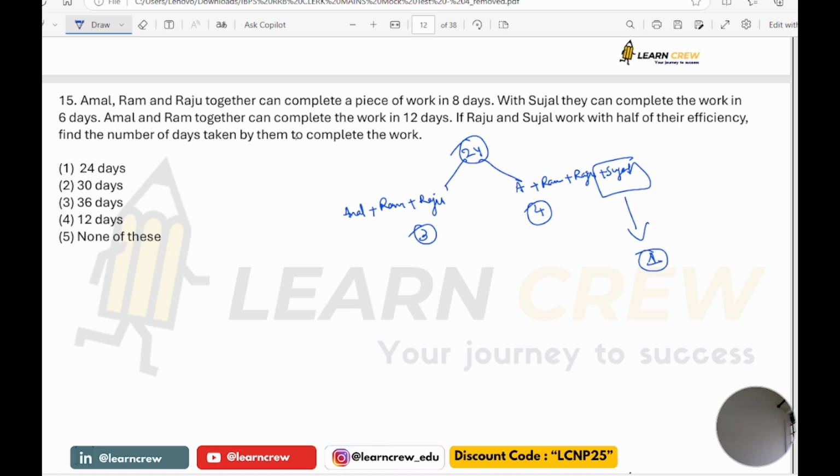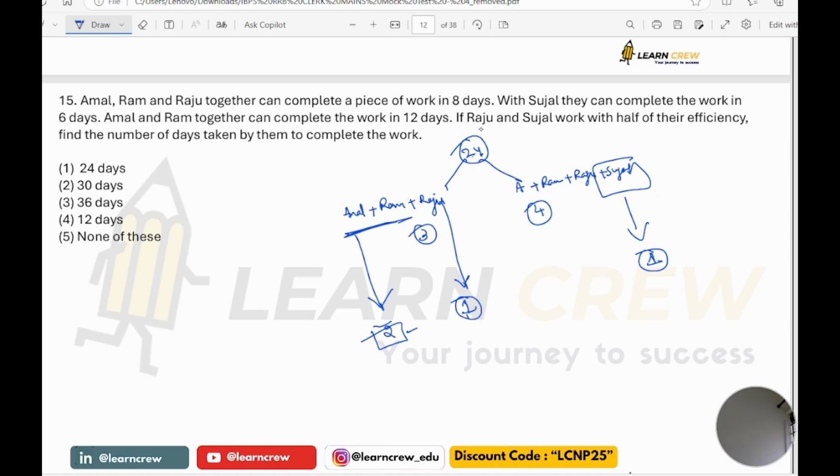Amal and Ram together can complete the work in 12 days, 12 days of 24. So in 1 day Amal and Ram can do 2. And Raju is doing how much? Raju is doing 1, since 2 plus 1 is 3.